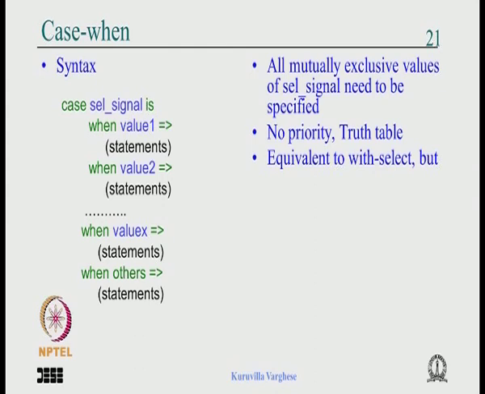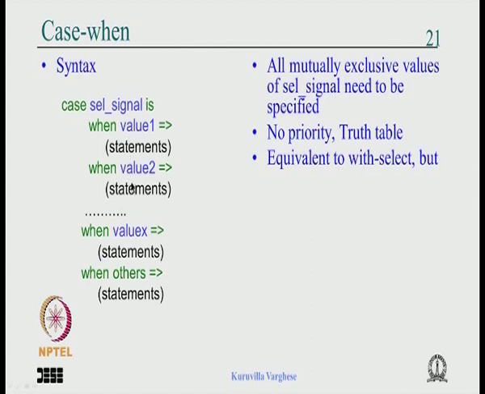So let us come to the next sequential statement which is case when, and this is the syntax. Please have a look at it. This is identical to the with select concurrent statement, only the syntax is different. So you have case some input signal is, now you say when value 1, you can write sequential statement assignments here.